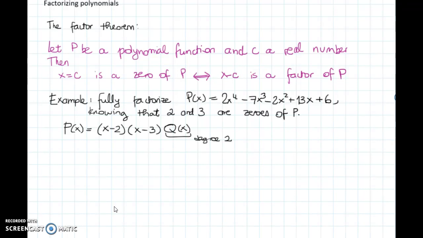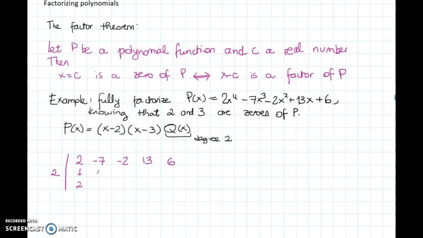So what we are going to do in this case is write the coefficients 2, -7, -2, 13, and 6, and we're going to use synthetic substitution to divide by x minus 2, so we are going to use synthetic substitution for the value 2. So I hope you remember how to do this.